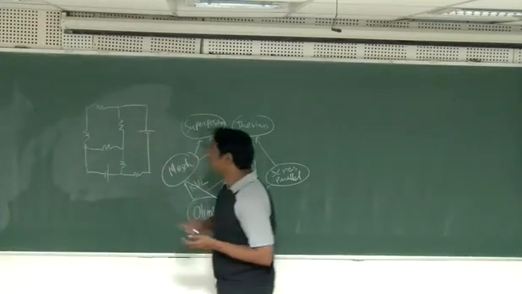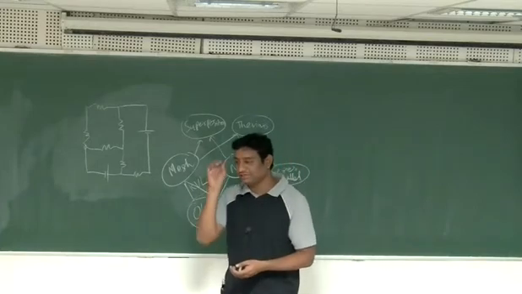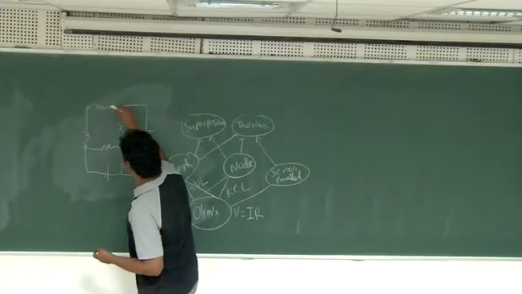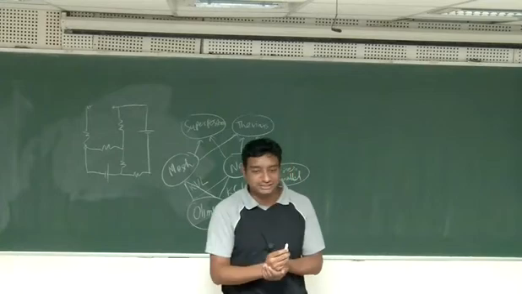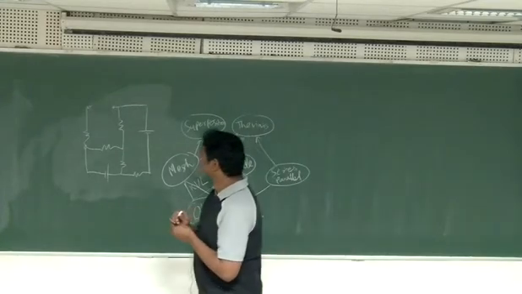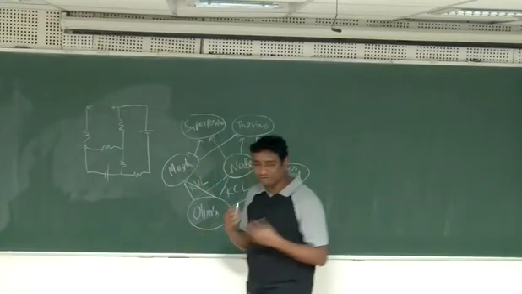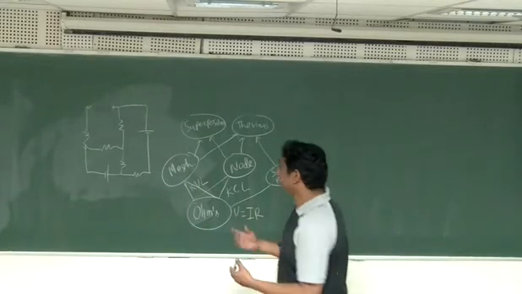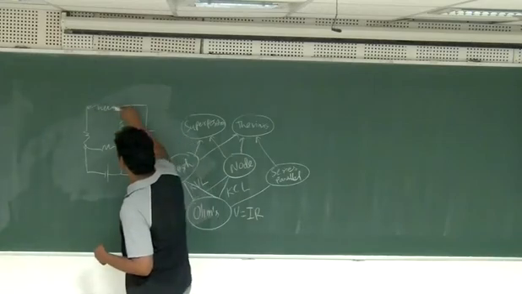Now if I want to apply Thevenin's theorem, is it absolutely required that I say this is my load resistance, remove this and then apply Thevenin's theorem? Is it required to remove one resistance? It's not actually required to remove a resistance. It's just for our explanation that we are doing it.